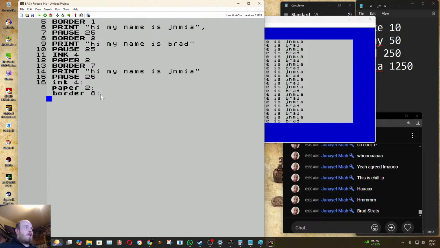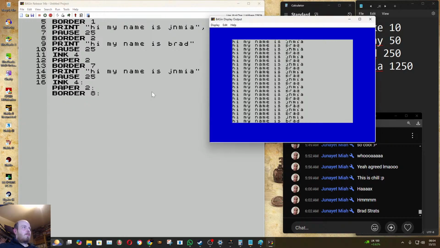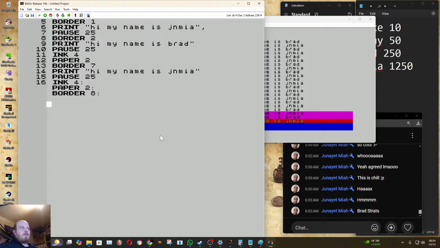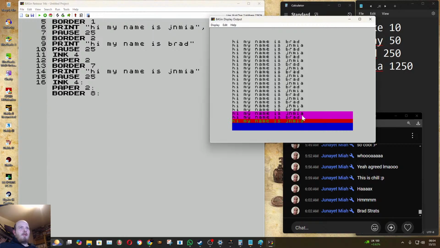And then go like that. Ha! 3 functions in one line. Look at that. Do you see where the text changed color?